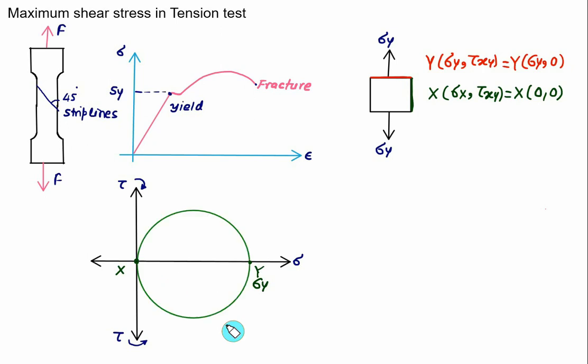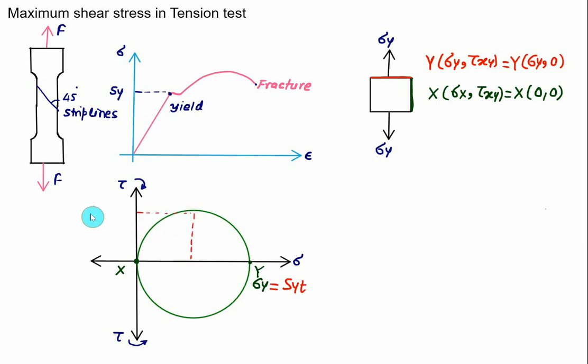At the yield point here, the corresponding value of sigma y is equal to the yield strength in tension, Syt. So yield means the stress reaches the yield strength, that is Syt. But we are interested in the maximum shear stress in a tension test, and the maximum shear stress we can obtain as the radius of the Mohr circle.